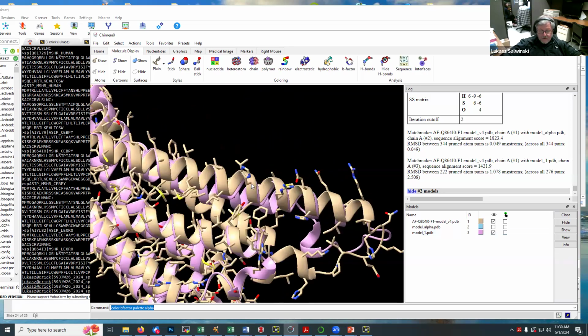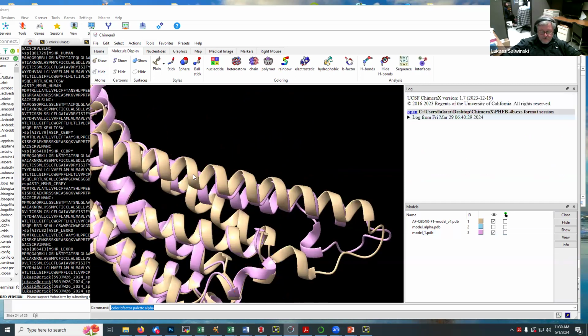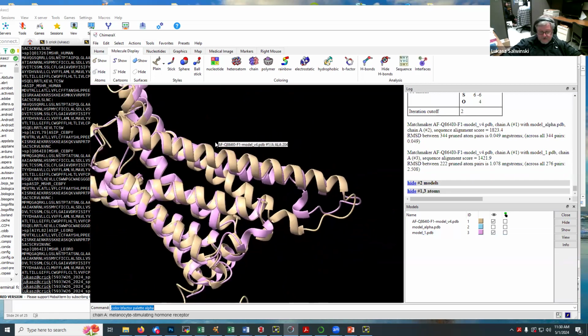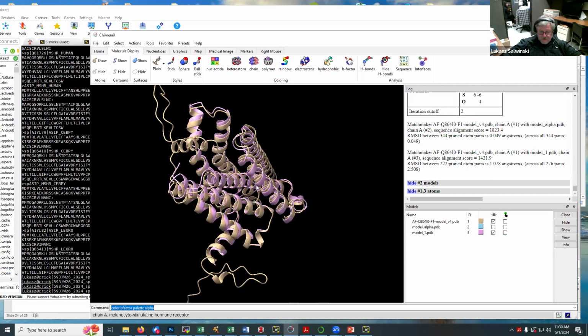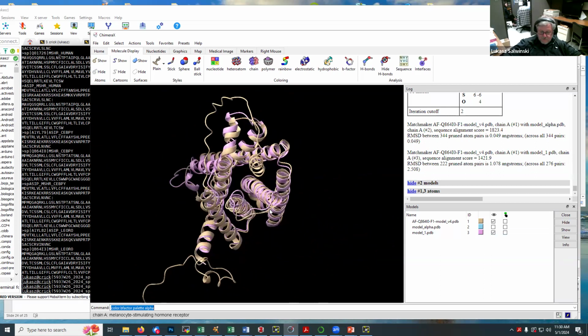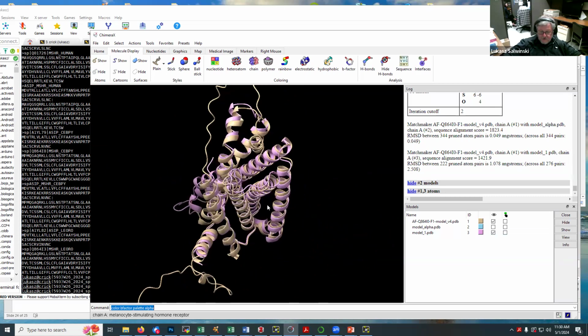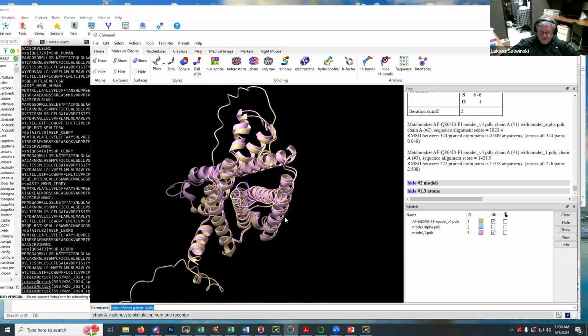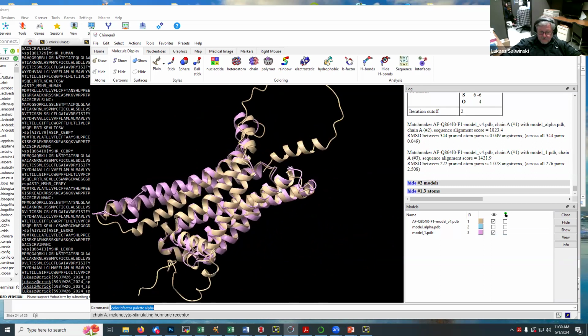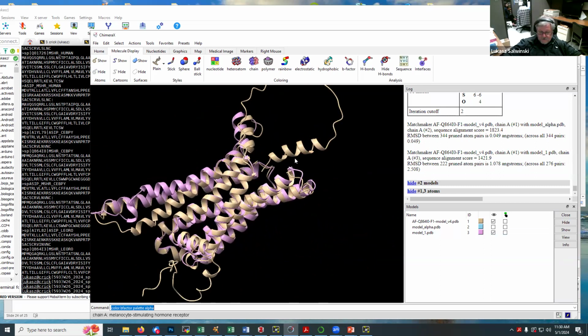If we turn off side chains for a moment, there are differences in the position of the helices. Apparently, they are slightly different. You do see additional sequence here that's present in the AlphaFold model, but not in the model based on homology.